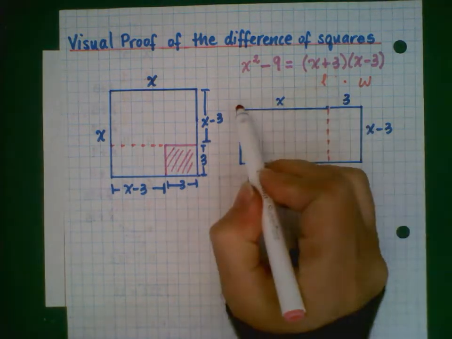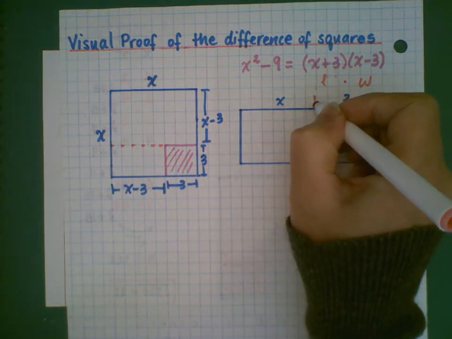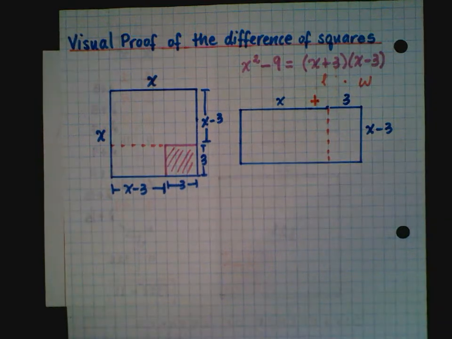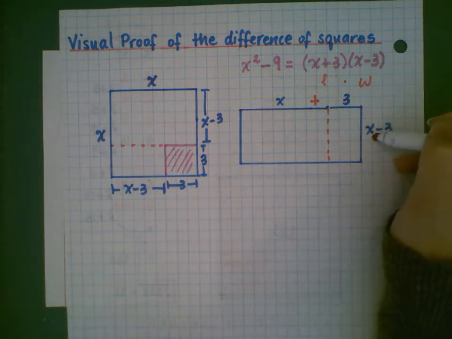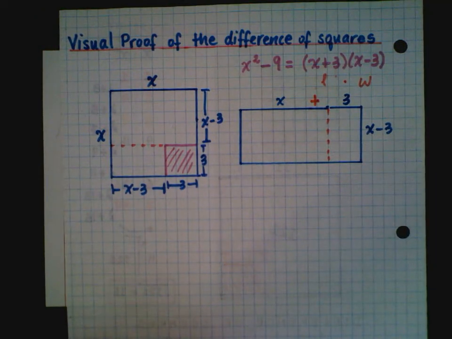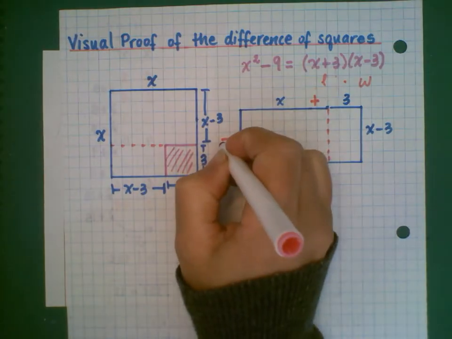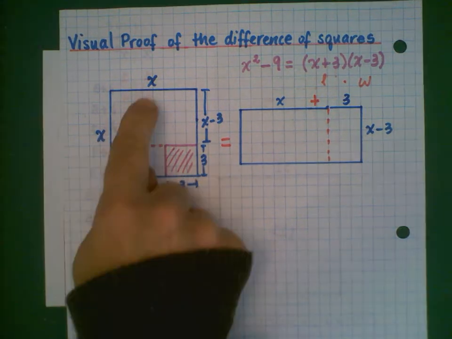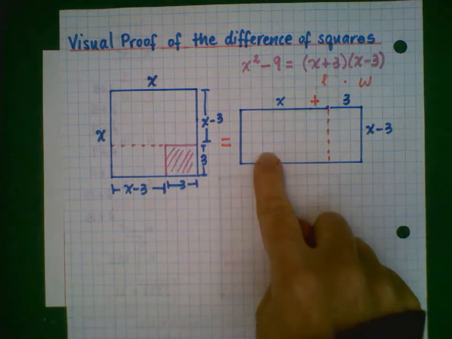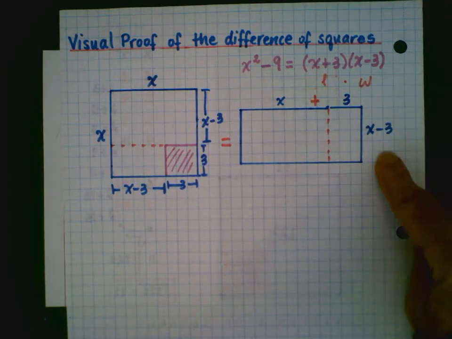So the total distance of the length of this rectangle is x plus 3. And the height of this rectangle, or in this case the width, is x minus 3. So this is the visual proof that x squared minus 9 is the same as x plus 3 times x minus 3.